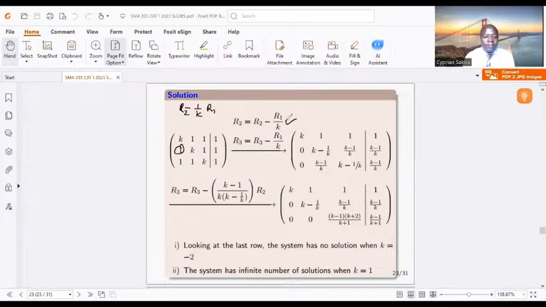That's what I've written. And then to get a 0 here, I take row 3 minus 1 out of k of row 1. And again, that's what I've written here.